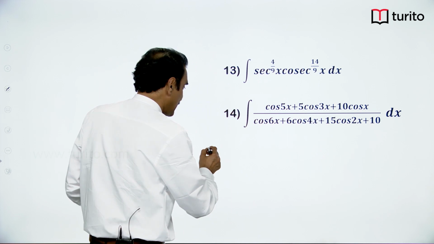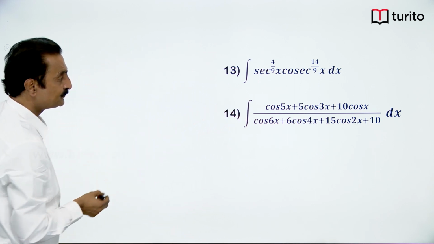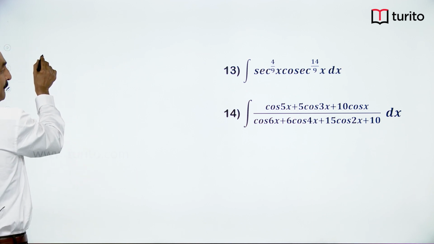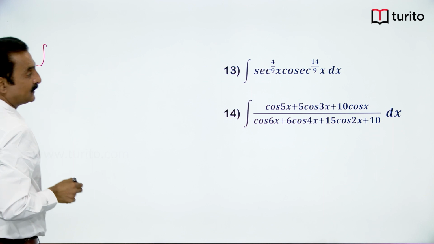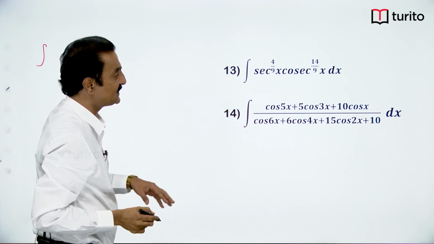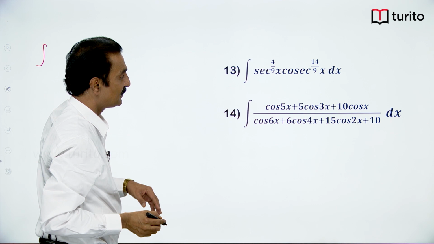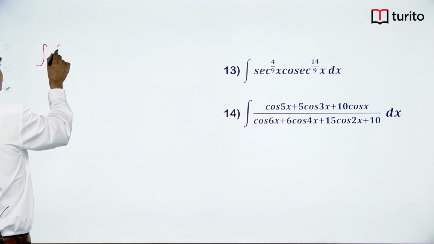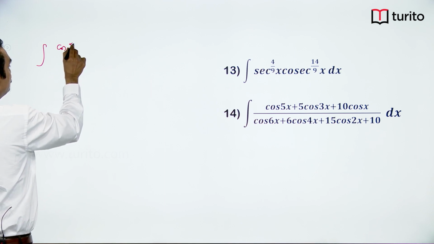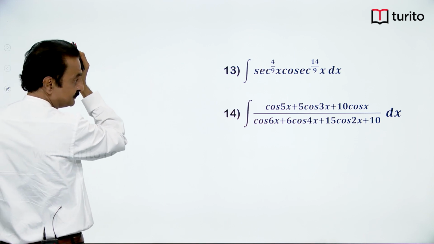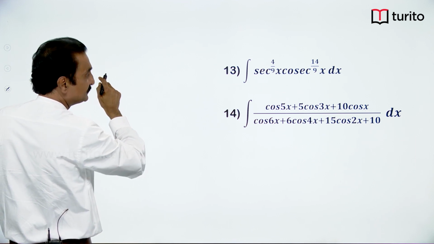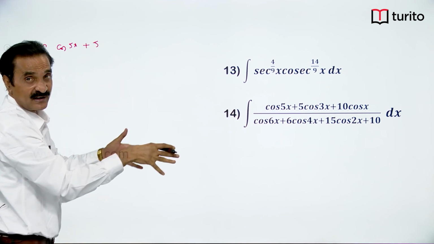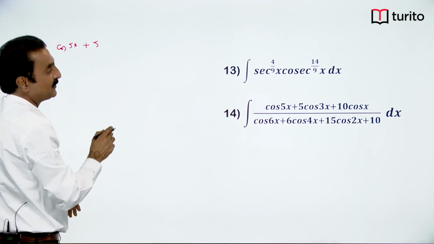Let us write numerator as cos 5x plus cos 3x. Now, let us keep the numerator as it is because it is smaller than denominator. I will try to simplify denominator.